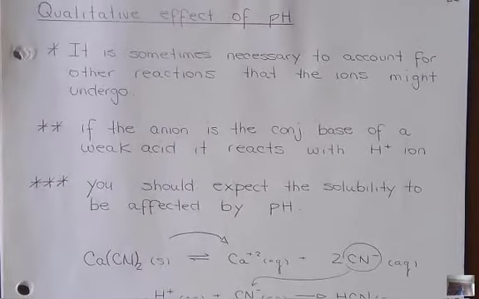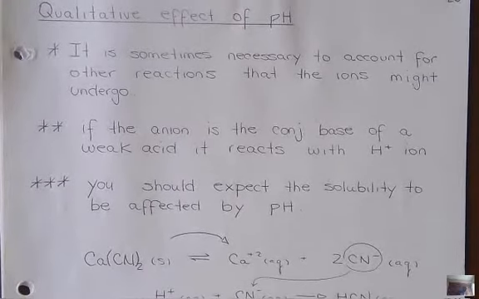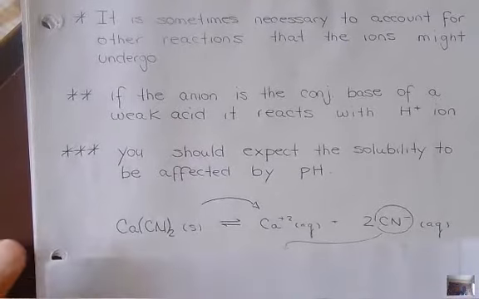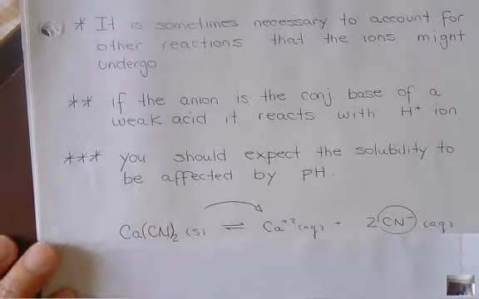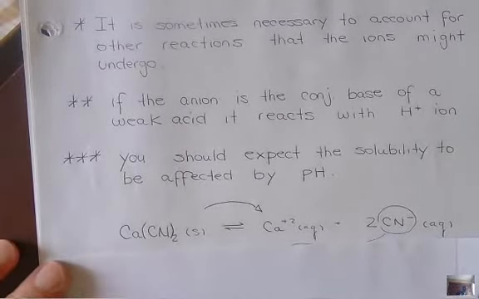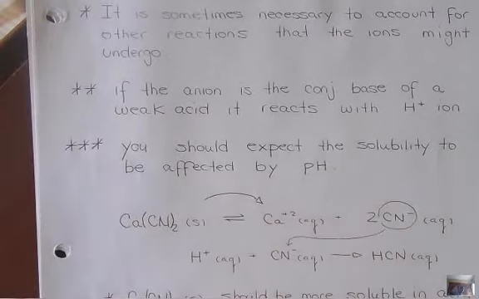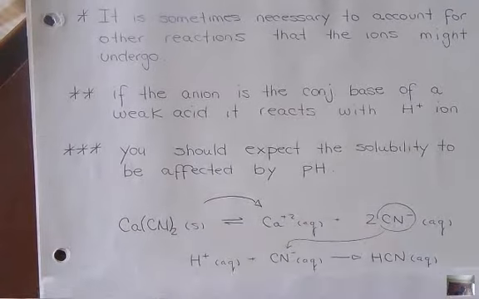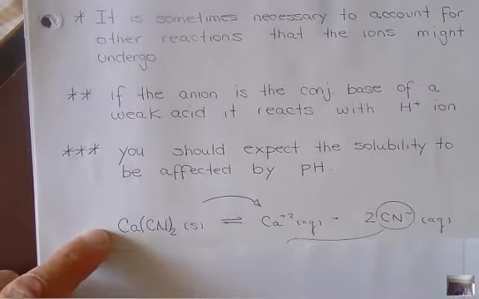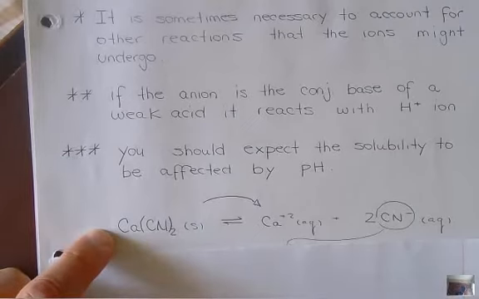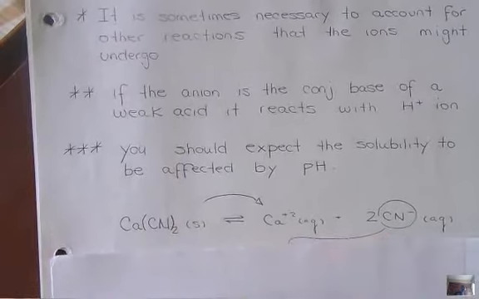Okay, here's the KSP expression, or I should say the reaction for calcium cyanide. So calcium cyanide is only slightly soluble. Its KSP is going to be a small number. Actually, I'll just do this qualitatively, but let's assume it's something like 10 to the minus fifth or smaller than that, right? So 10 to the minus 6, 10 to the minus 7. So small number means only a little tiny bit is going to dissolve.